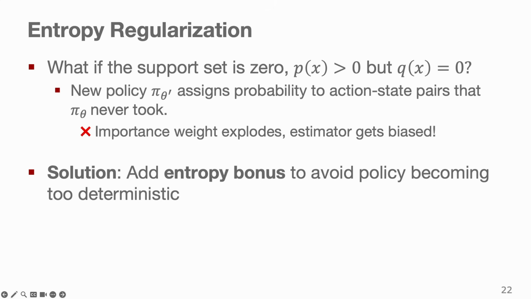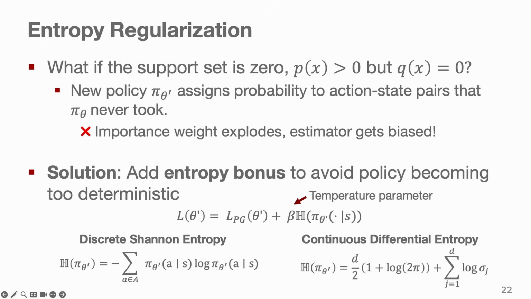And that's essentially what we're doing here. We can add this entropy term to the loss, and then we have a temperature parameter that controls how much weight we give to this entropy. The larger it is, the more spread out the policy will be, and if you go closer to 0, it will be more greedy.